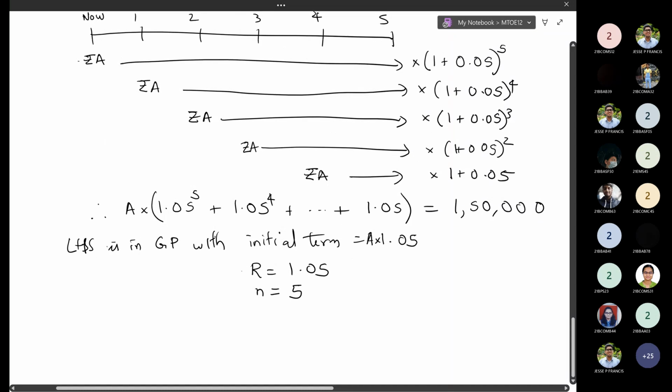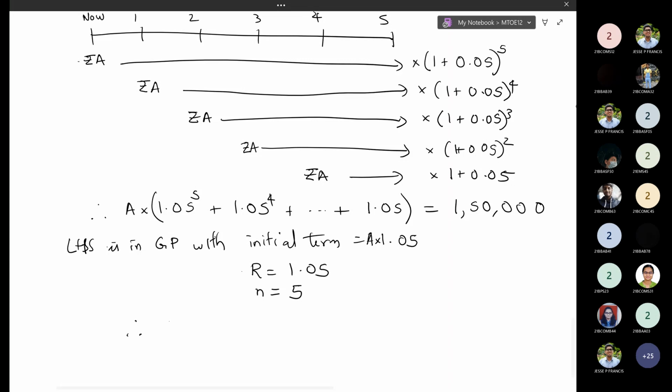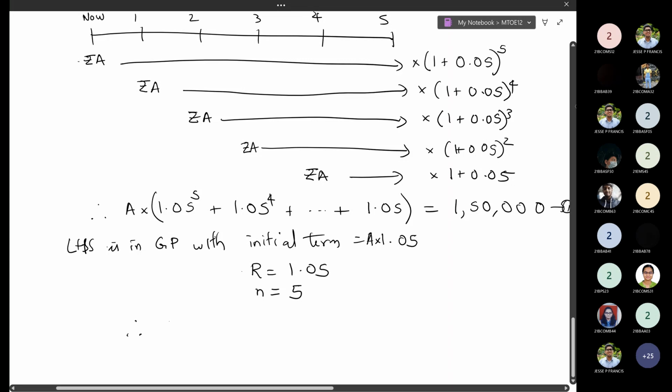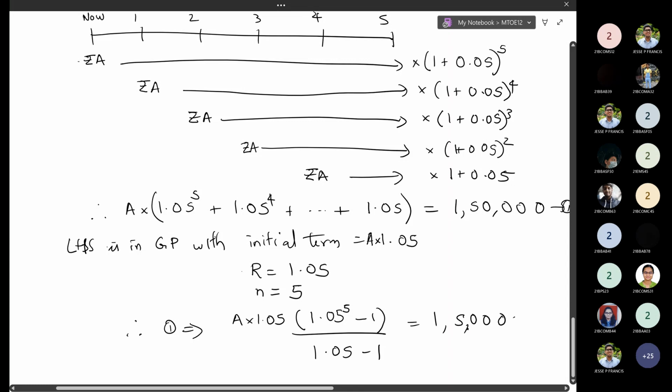Therefore, let's call this equation 1. 1 implies initial term A into 1.05 into r to the power n minus 1, 1.05 to the power 5 minus 1 divided by 1.05 minus 1 is equal to 1,50,000.